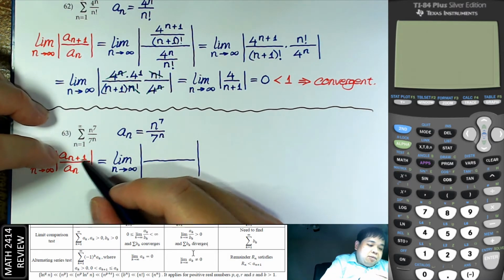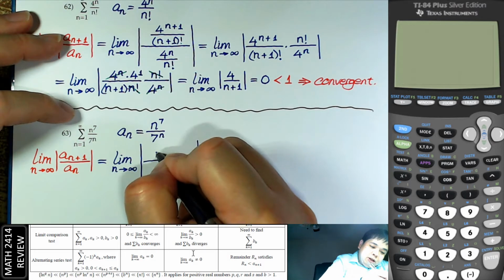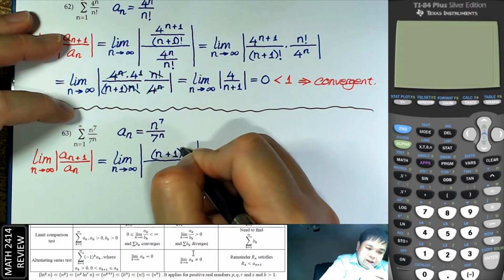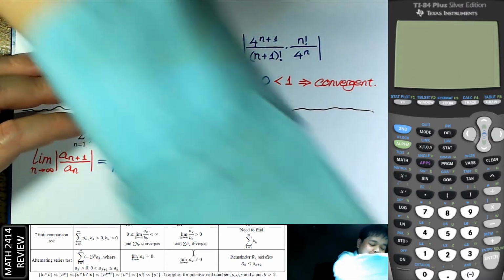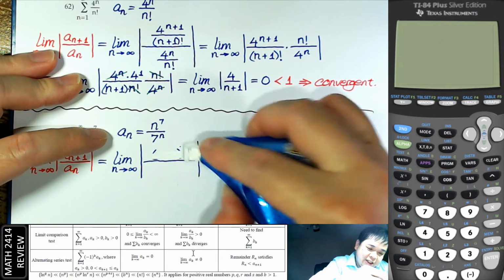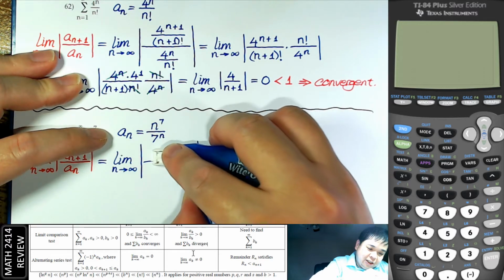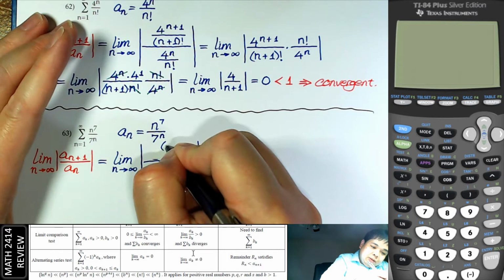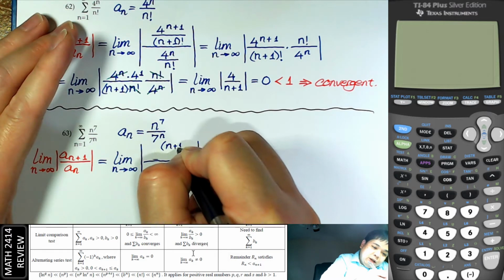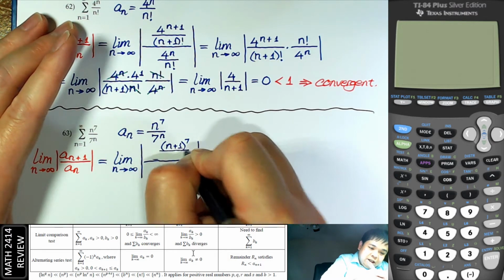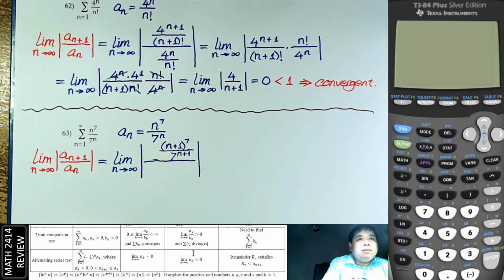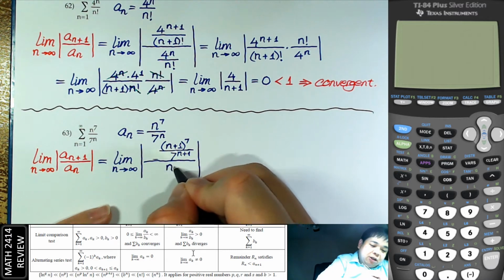Right, first n plus 1, so we have n plus 1 to the 7 power. We do have the whole fraction. N plus 1, substitute into n to the 7 power, and then 7 to the n plus 1, right? This will be that. And then at the bottom, n to the 7 over 7 to the n.